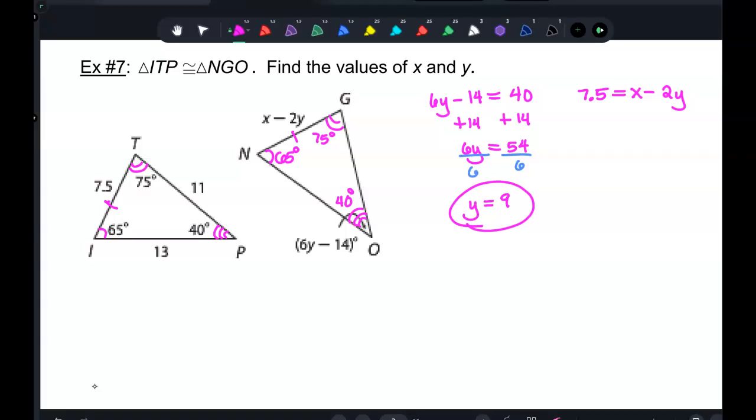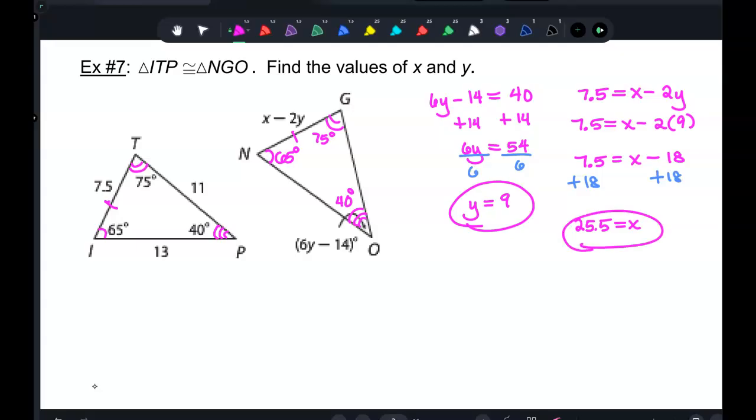Now, I already found out what y was equal to, so I'm going to plug that in here. Yeah, so 7.5 equals x minus 2 times 9. Yeah, so 18. And then we're going to add 18 to both sides. We'll just leave it 25.5.